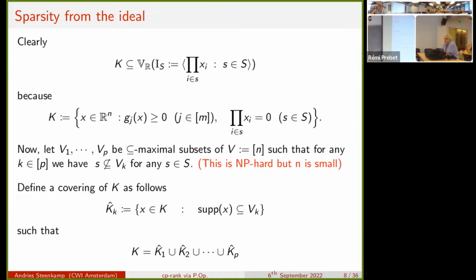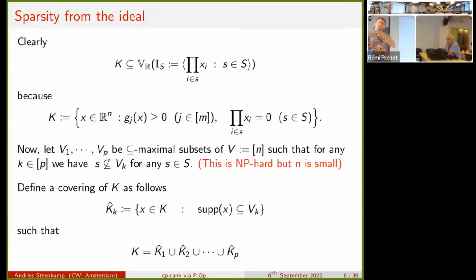All right. Yes. Why are there many of those V_k's and not just one? Okay, so let's take, for example, let's say S contains only one set, like {1, 2, 3}. Your n is 3, so you have x1, x2, x3, but you don't want the product x1 x2 x3 to be nonzero, it's equal to 0.